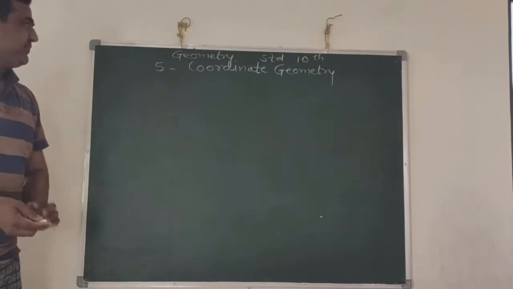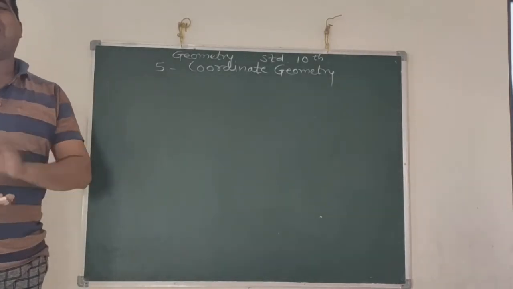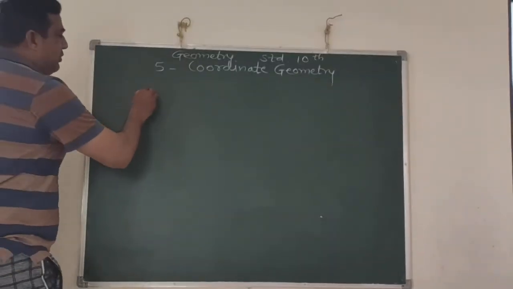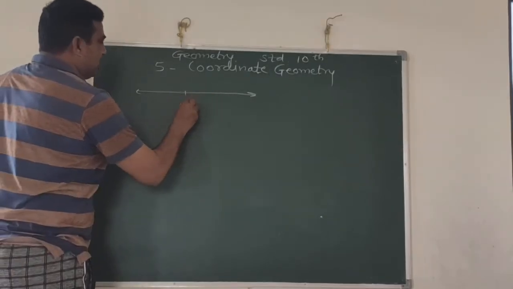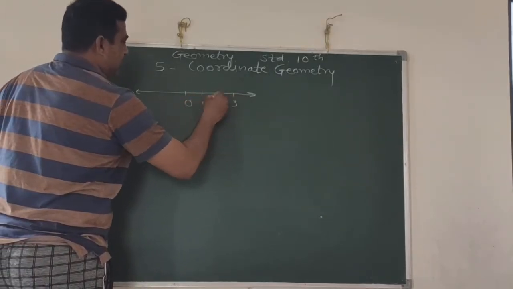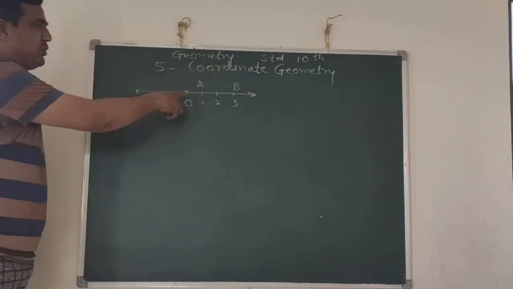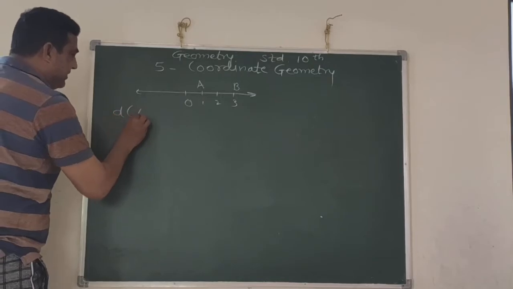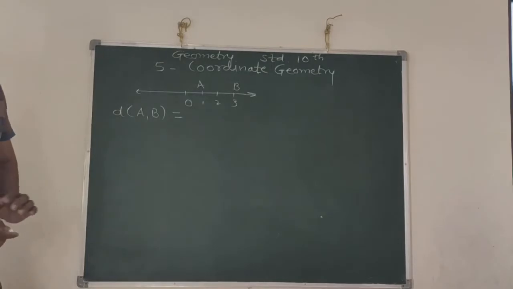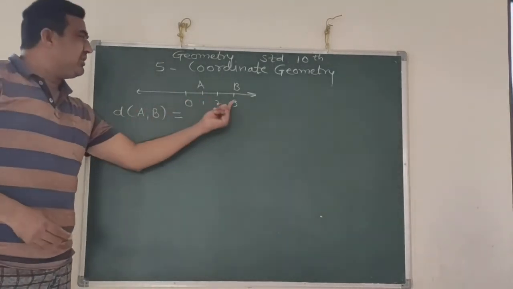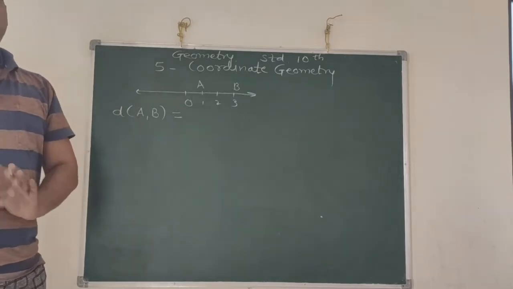In standard 9 we have studied how to find out distance between any two points where you have been given a number value. You have studied how to find out distance AB, the distance between any two points. For that, the formula is: from the greater coordinate you have to subtract the smaller coordinate.